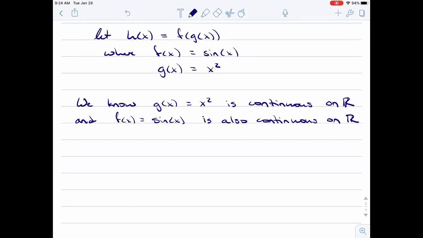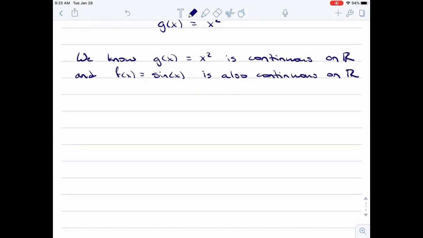In this case, we're good to go on both fronts, and so therefore h of x equals f of g of x is continuous on the set of real numbers.